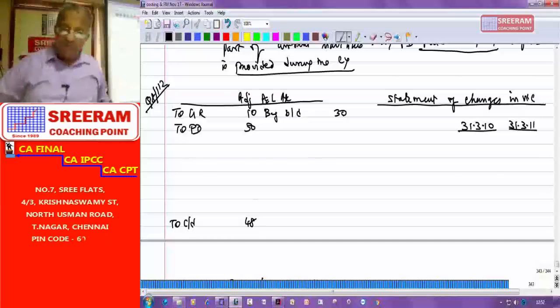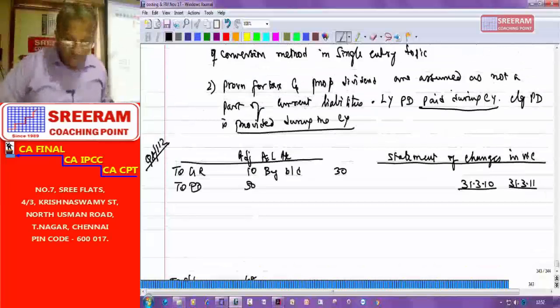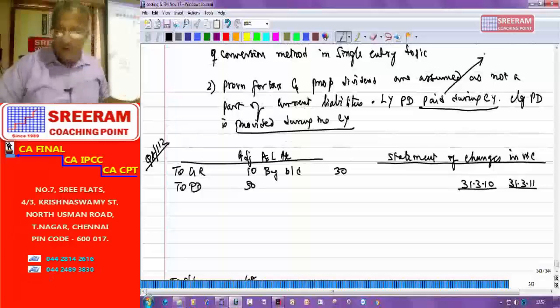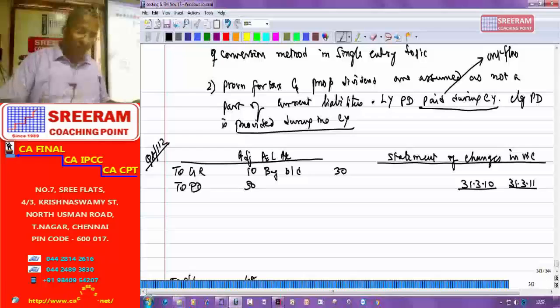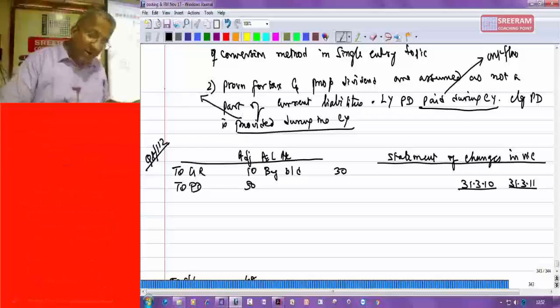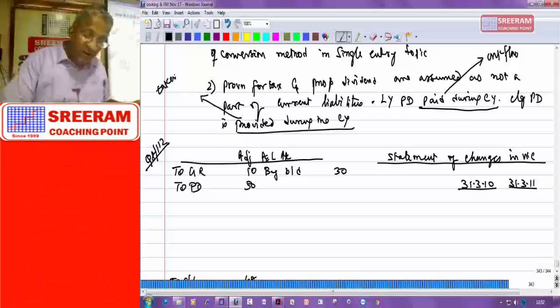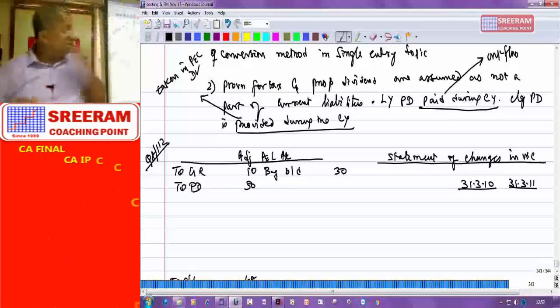So what have we noted down? Paid during the year. Paid means actually paid, outflow. But provided is not an outflow, which is taken in P&L account, debit side. Am I right? That is the one that we have got to understand.